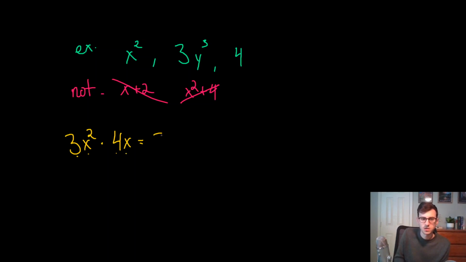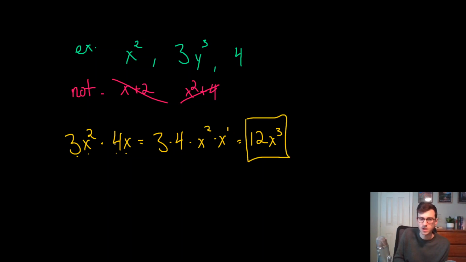So this would be 3 times 4 times x squared times x. Well, 3 times 4 is 12, and x, you could think about it like x to the first power. So 2 plus 1 would be x cubed. So that would be your answer, 12x cubed. I just multiplied 3 times 4, and then I multiplied x squared times x.